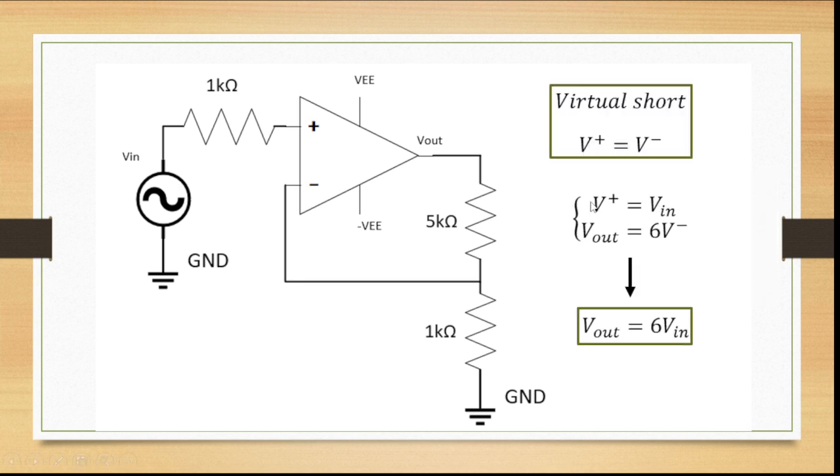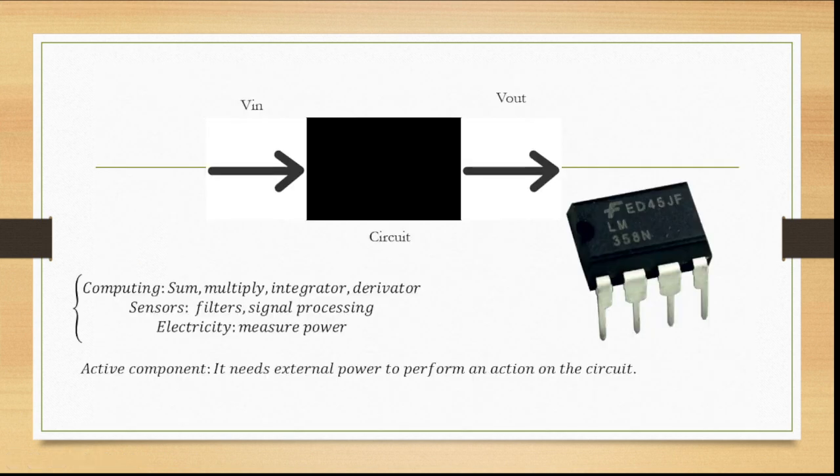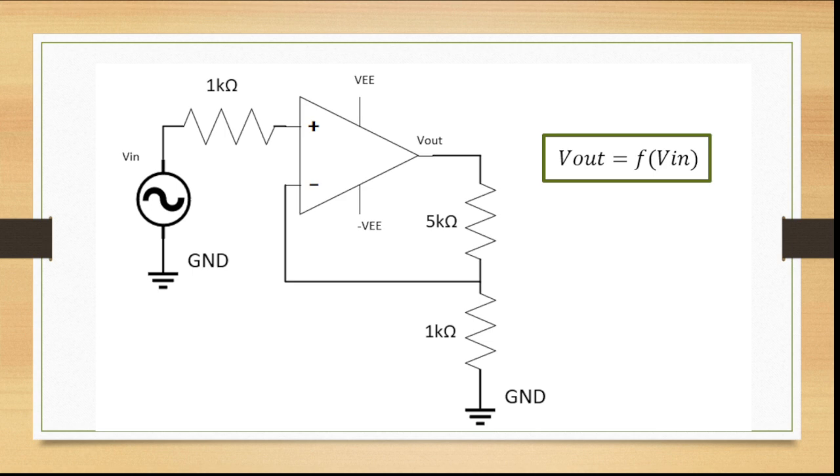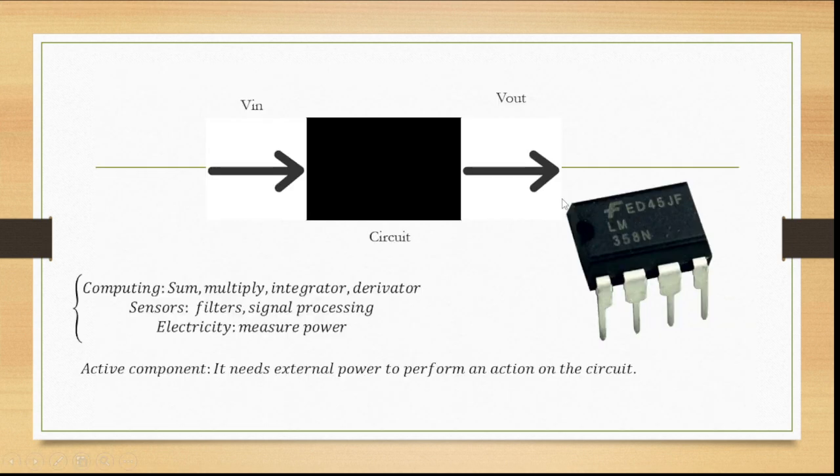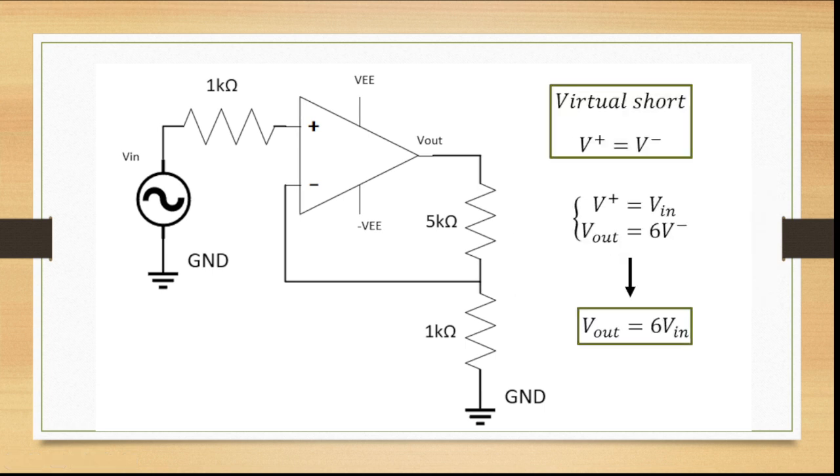So we can say that V out is equal to 6 times V in. And now we have solved this circuit. As I said at the beginning, our goal was to find the formula that connects V out with V in, and we found it here. V out is equal to 6 times V in.